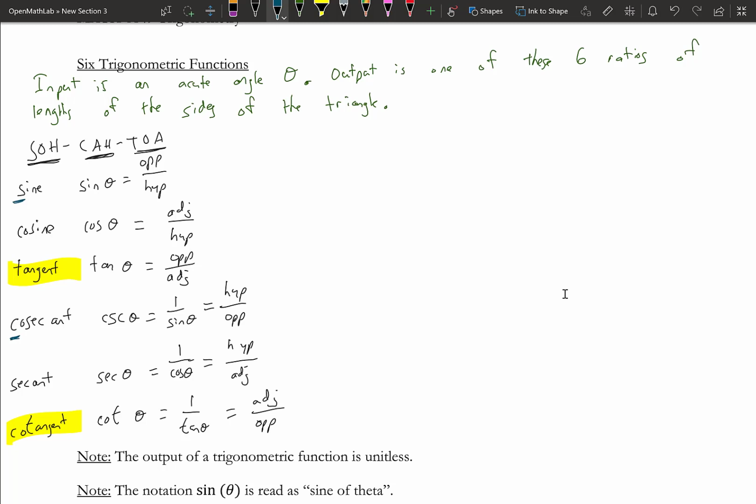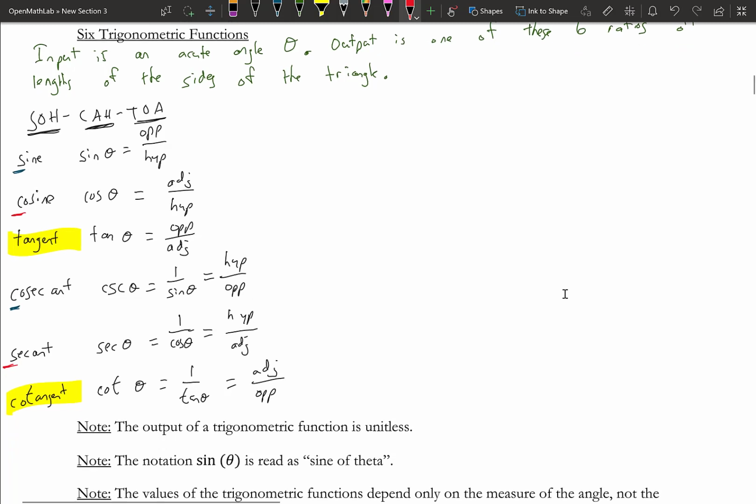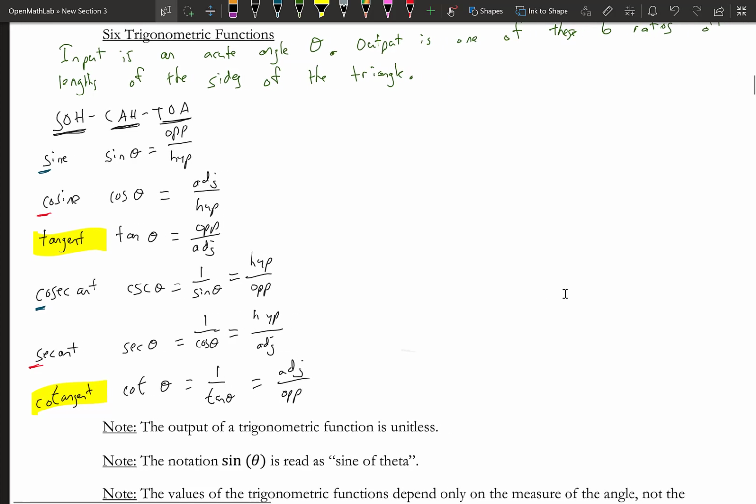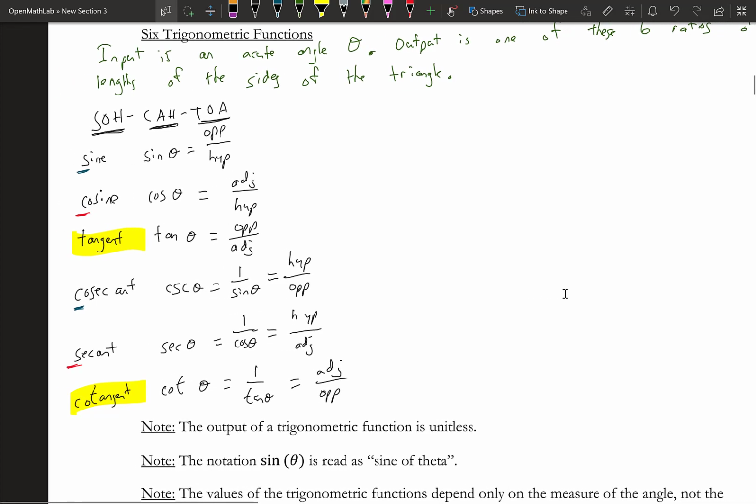Here we've got S and C, and here's C and S. Just a note: the C's and S's don't go together. Right, that might help you remember.